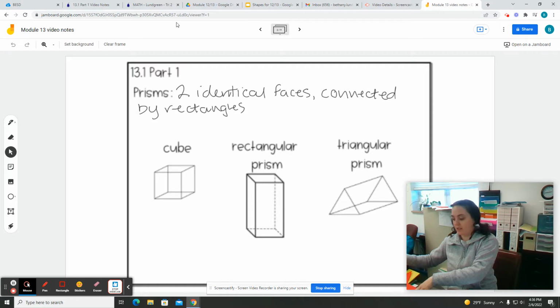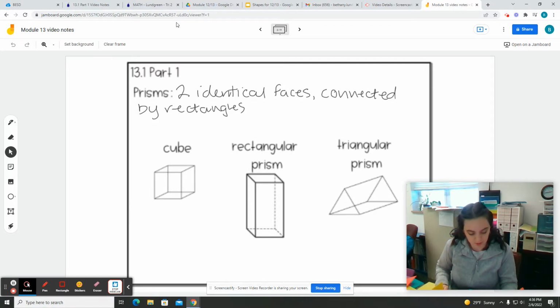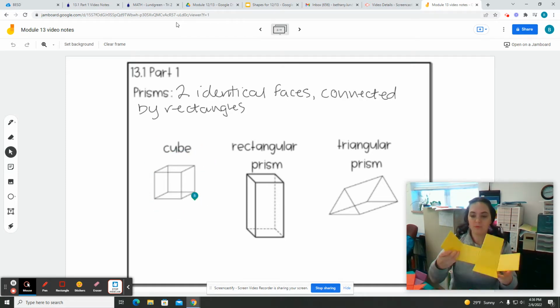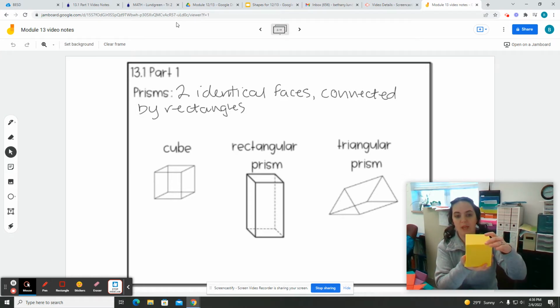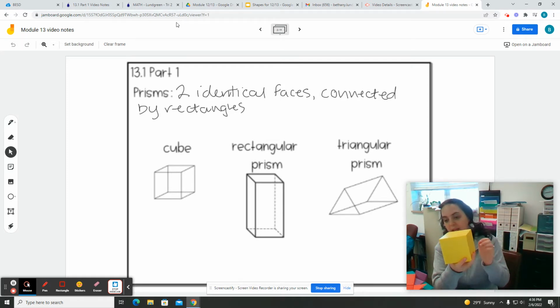And what I mean is, we see this first one. This first one is a cube on the screen. You see the cube? This is a 3-dimensional figure of a cube, okay? So what we have is 2 faces that are identical, the top and the bottom, and then all around they are connected by rectangles, because we know that a square is just a type of rectangle, okay?